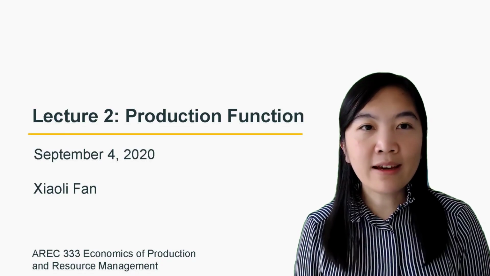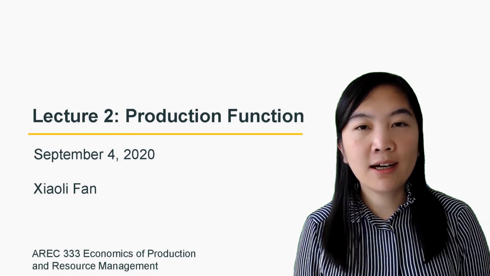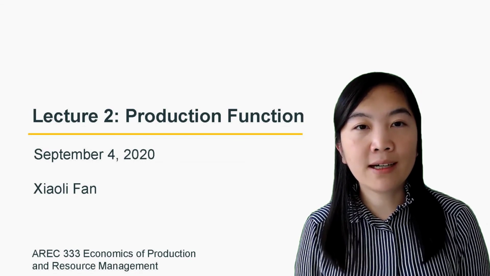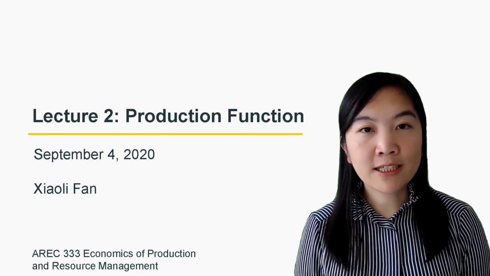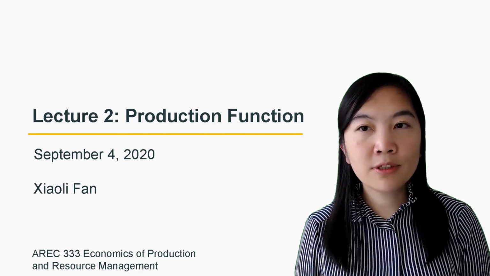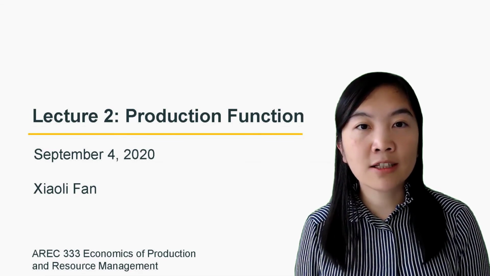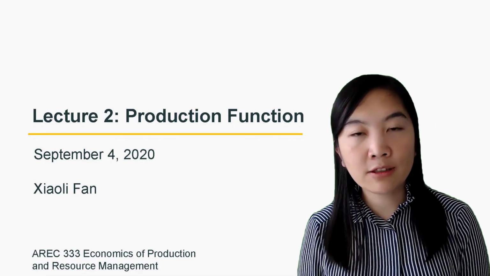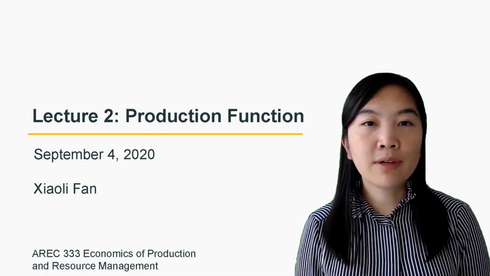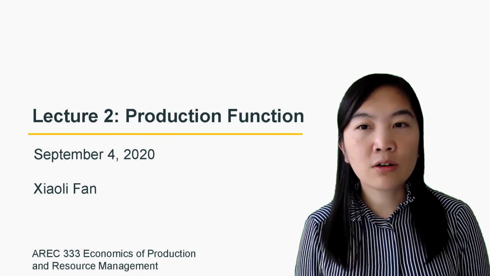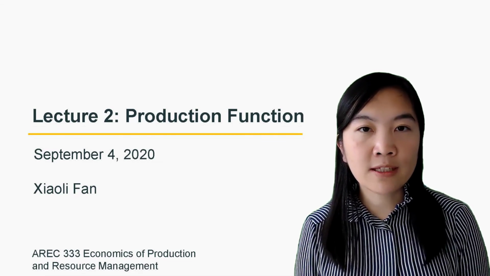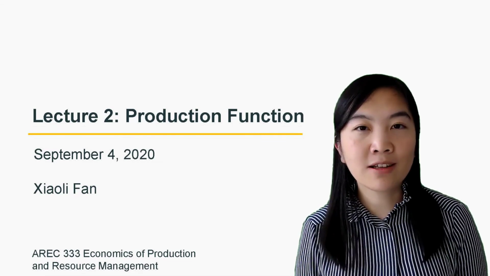So today we introduced the components of a typical production process: the inputs, the outputs, and also production technology, which transforms the inputs into outputs. And I showed you the different ways of describing production technology.